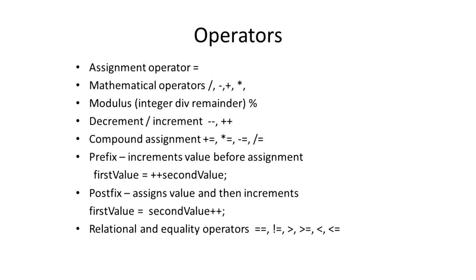Okay, and then you've got the not operator here, which is exclamation mark equals, which checks to see if the left hand and the right hand are not equal. Okay, and then you've got greater than and greater than or equal to, and likewise less than and less than or equal to. Okay, so hopefully that is a quick recap of some of the key operators that we're going to be using in the module.